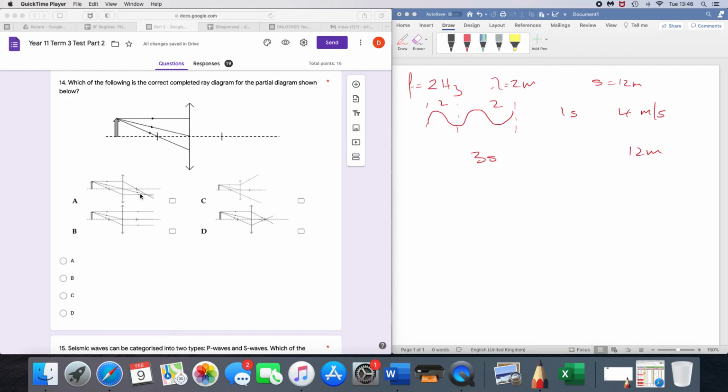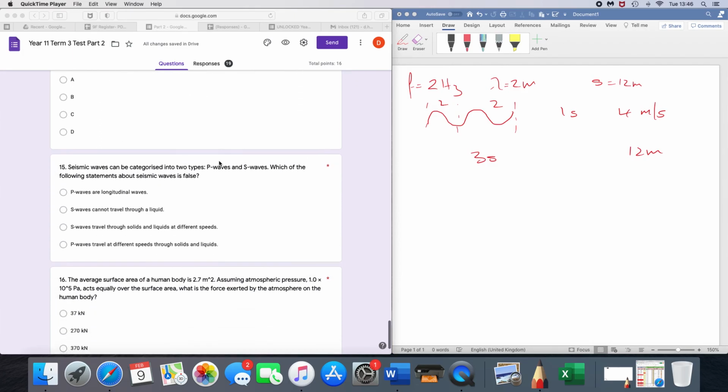And that one, A, is the only one that meets the criteria. So this is about knowing your three special rays. Comes in parallel to the principal axis, comes out through the principal focus, for a convex lens. In through the optical center, comes back out undeviated. In through the principal focus, comes out parallel to the principal axis.